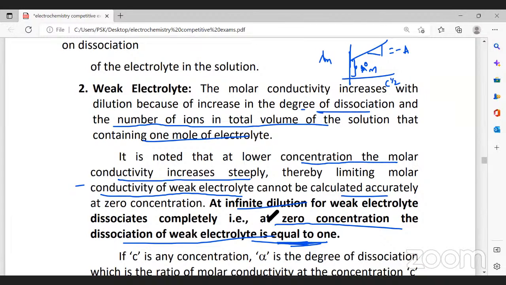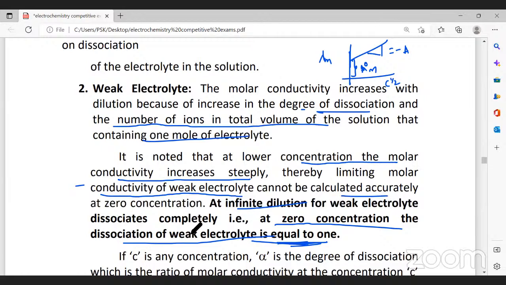I don't know how many people understood this statement. See, weak electrolyte will increase their dissociation on dilution. At infinite dilution, when you take excess of solvent, all the weak electrolytes will undergo complete dissociation.